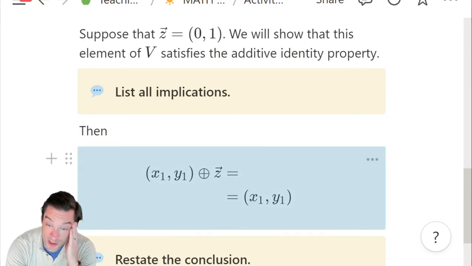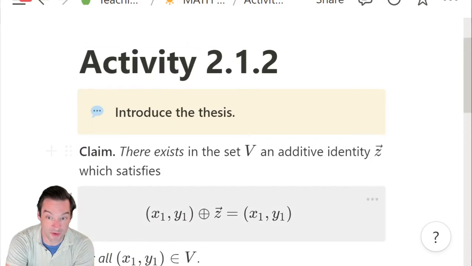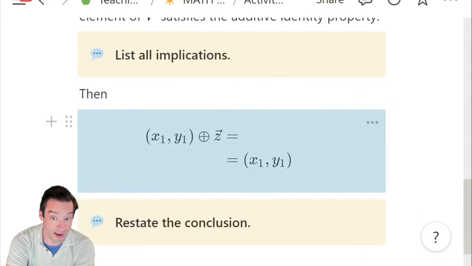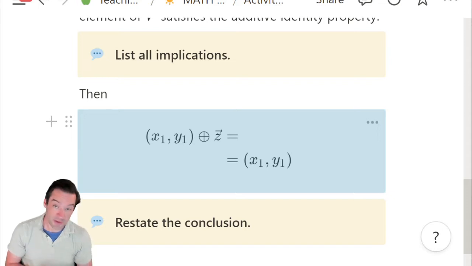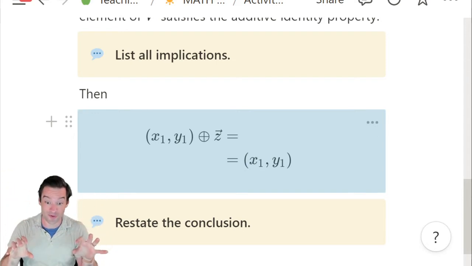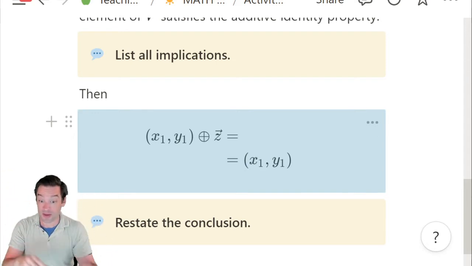So in our manipulation, we want to start from the left-hand side of the desired equality that we're trying to prove and work our way towards the right-hand side through a series of equals. So this equals something, equals something, equals something, and eventually that something that we get should just be (x1, y1). Right? What we don't want to do, for a variety of both historical and cultural reasons, is try to work on both sides of the equation at the same time and then sort of say, oh, look, they ended up being the same thing.